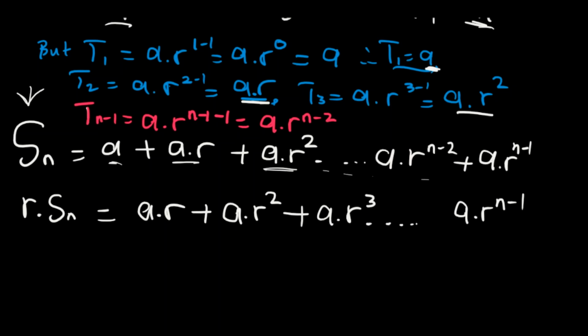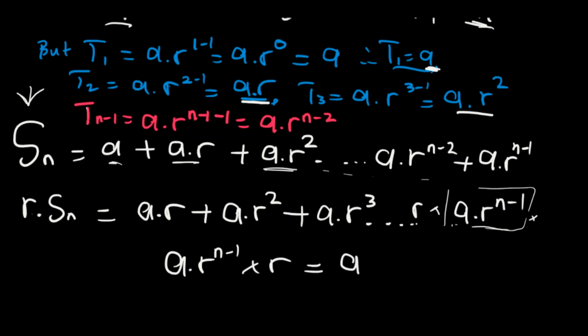But because this is the last term, we still have to multiply it by r, right? So let me multiply by r here. Meaning if we were to say a multiplied by r to the power n minus 1 multiplied by r, we would have a multiplied by r to the power of n, like that, right?